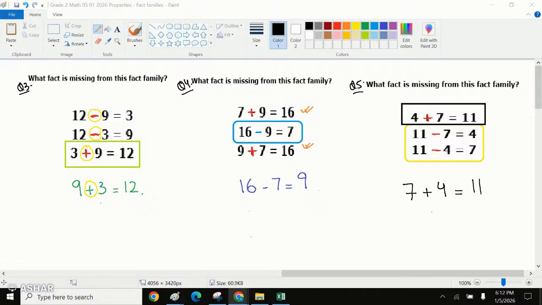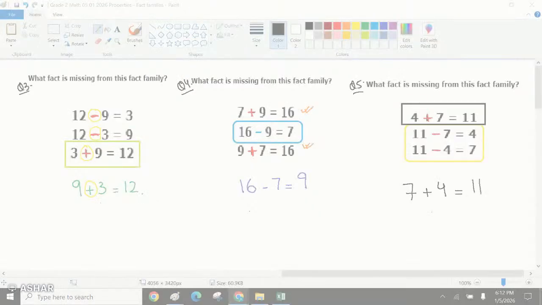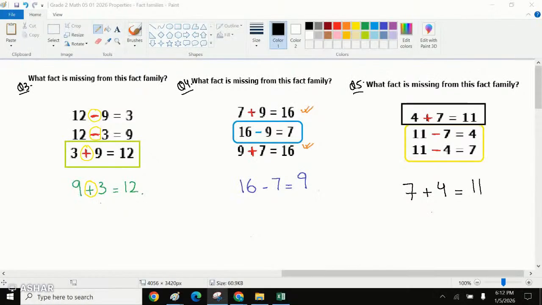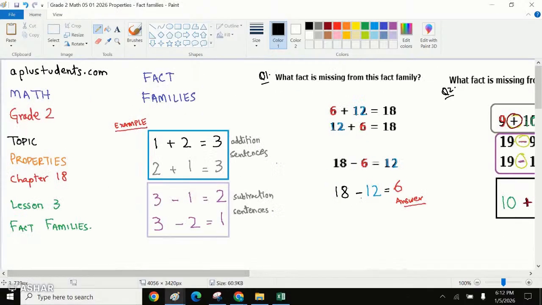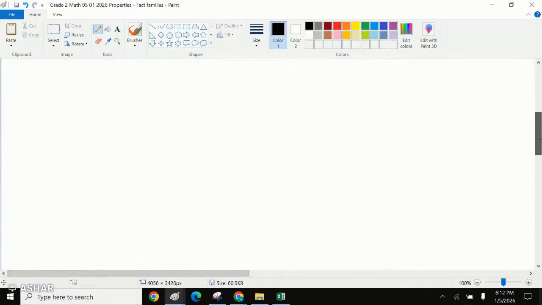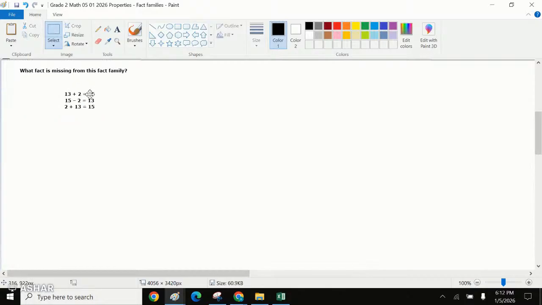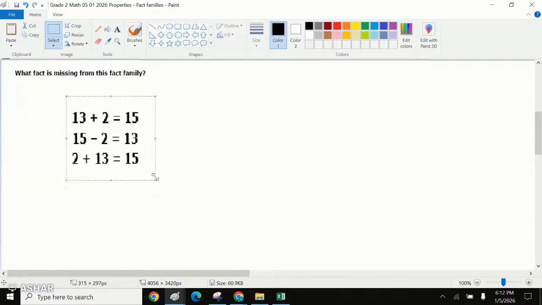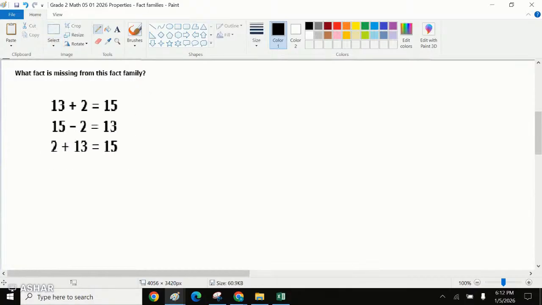So the next question we have is, what is the missing fact family? Let me just copy this on the screen, because if we are writing it, it will take a lot of time. I'll just enlarge the numbers so that we have it on our screen. This is question number 6. First thing first, we look at positives and negatives.